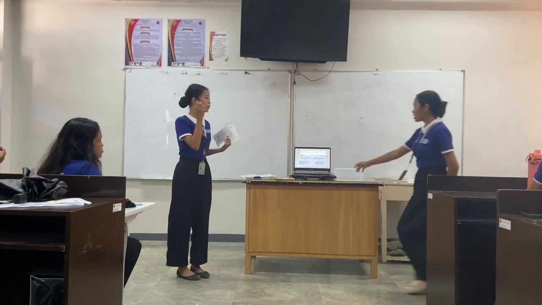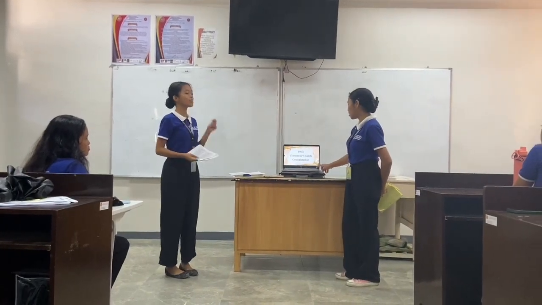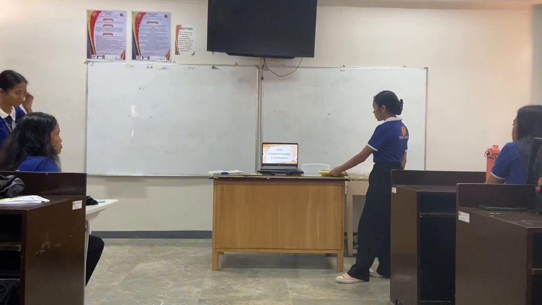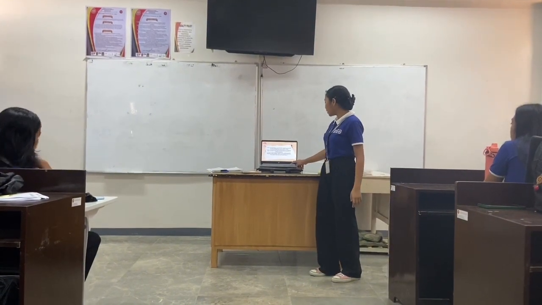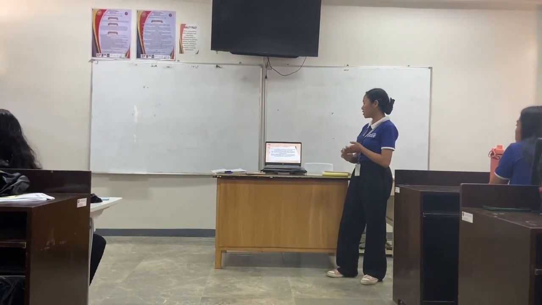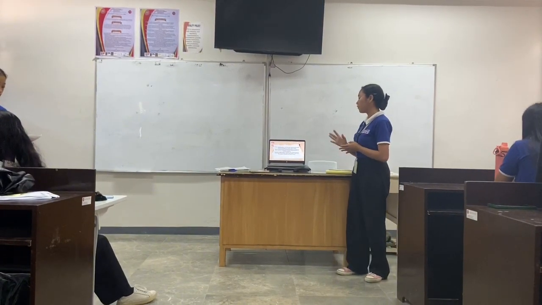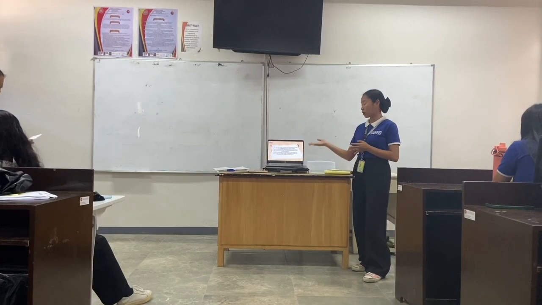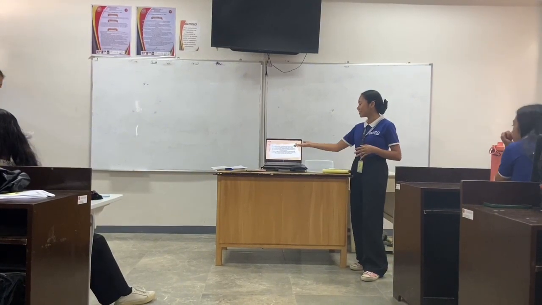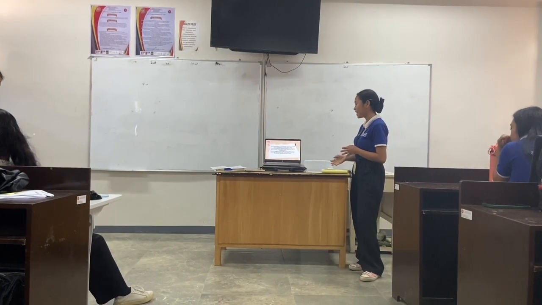Okay, so now let's go back to our topic, the 1935 Commonwealth Constitution. This constitution created the Commonwealth of the Philippines from 1935. It was established in 1935 and ended in 1946.